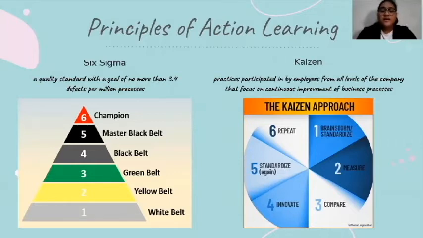Fourth, black belt certification signifies that you are an expert in Six Sigma philosophies and principles. Black belts are known as agents of change within an organization who lead project teams. Fifth, master black belt represents the top of the Lean Six Sigma achievement structure.